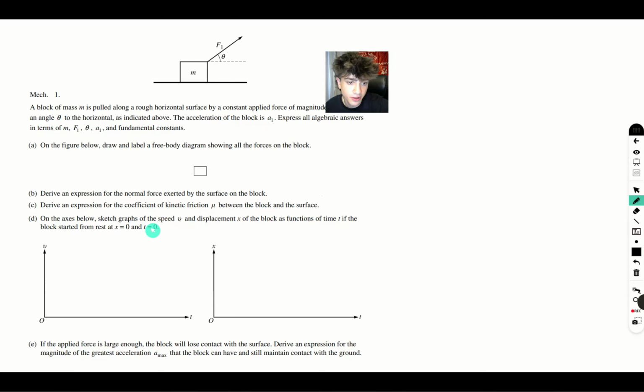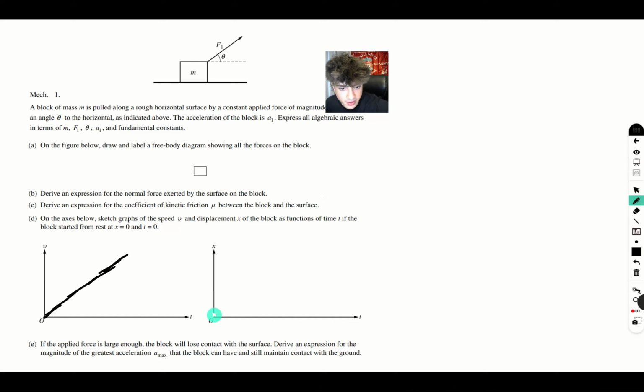On the axes below, sketch graphs of the speed v and displacement x of the block as a function of time t, if the block started from rest at x equals 0 at t equals 0. Since there's a constant acceleration, the velocity is going to start here and look like this.